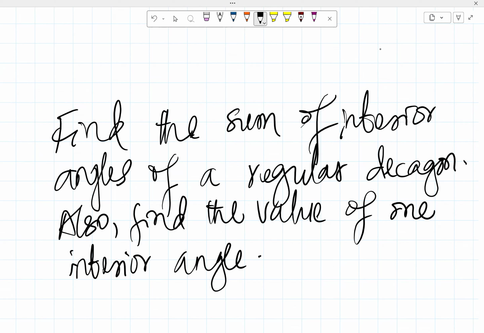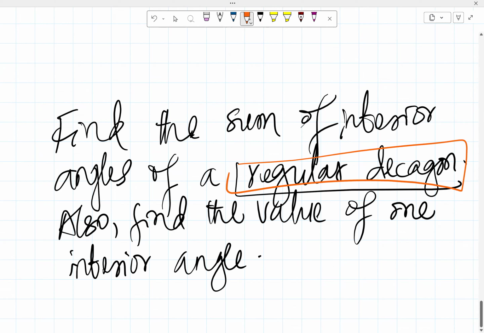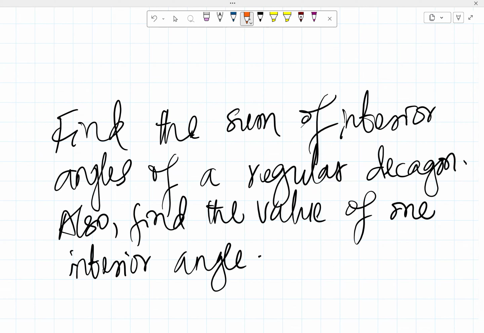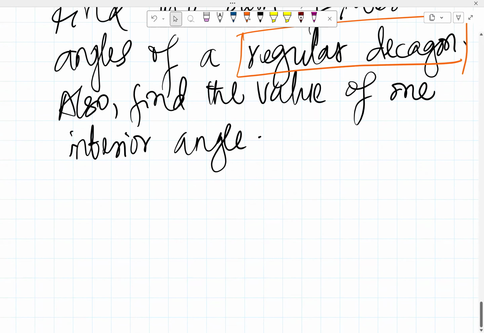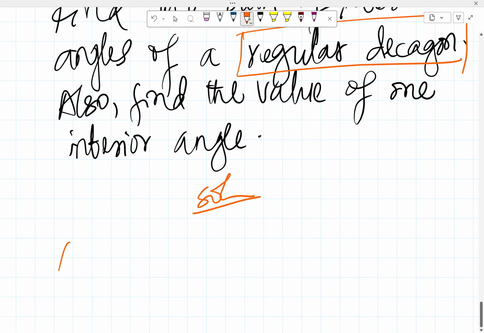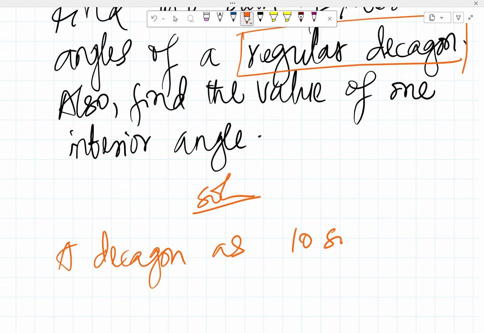So here, the most important information right here is this regular decagon. That's the most important information we ever need from that, that it is a regular decagon. So first of all, the solution, of course, a decagon has 10 sides and 10 angles.